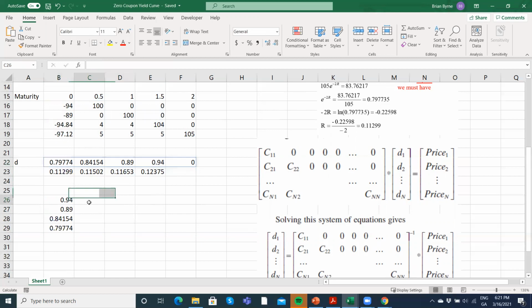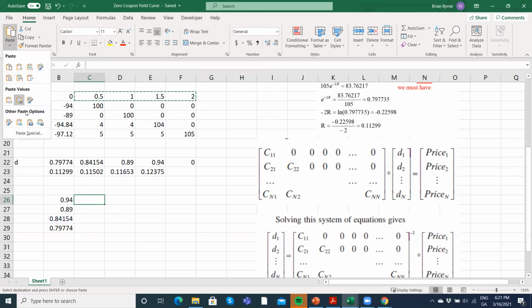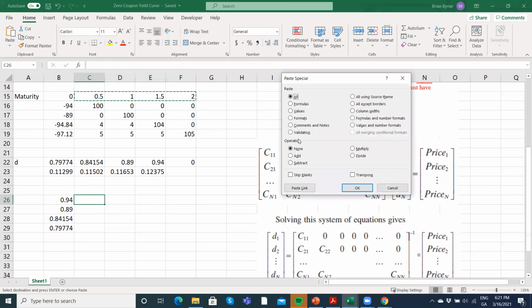And then the last thing that we need to do in terms of working out the zero rates is to convert these discount factors into interest rates. So we need to line up our time periods. Let's copy and then paste special, transpose.